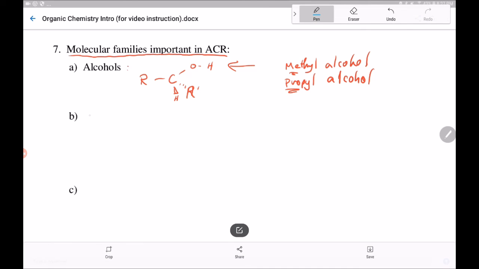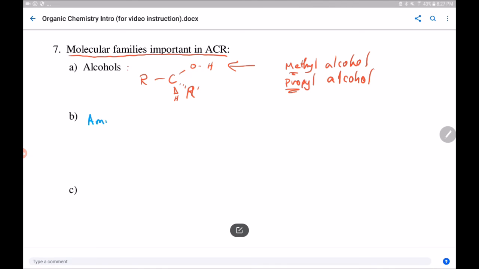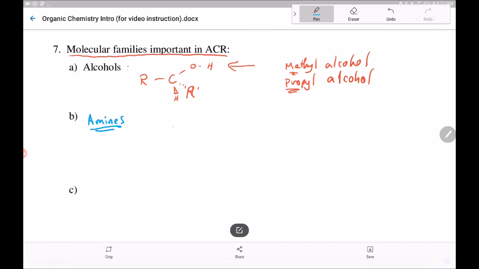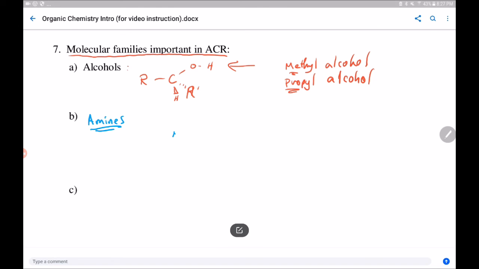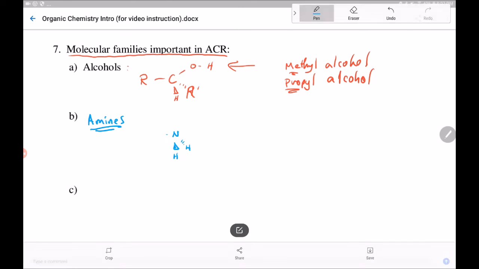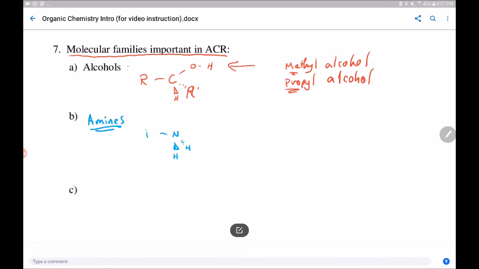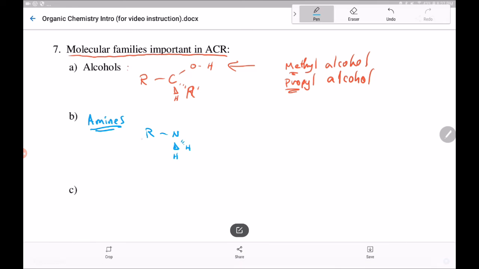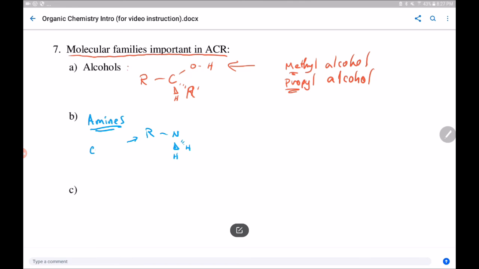The second important group I mentioned above, amines. Amines will be related to ammonia. Ammonia was NH3. And now imagine replacing one of those hydrogens with a carbon group. So this R is a carbon group.